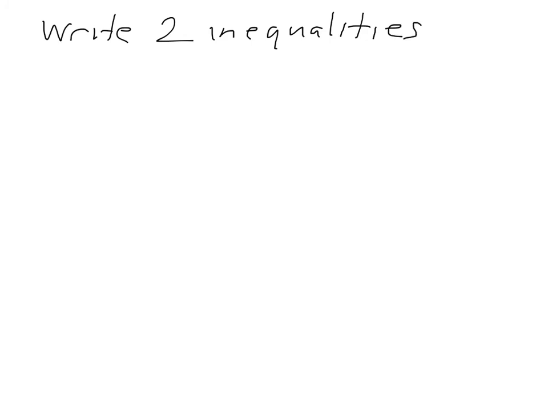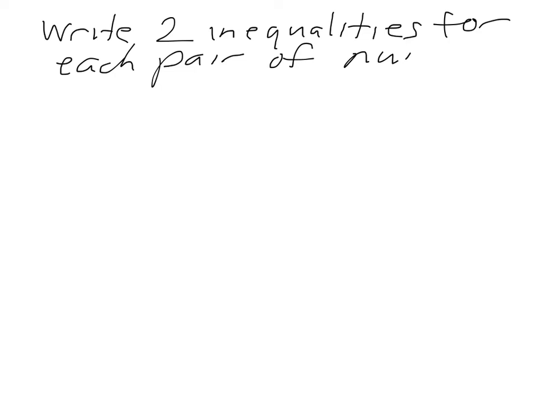But I'm going to give you a bunch of problems that I want you to try, and then we'll see how you do. So, the first set of problems I want you to try is I want you to write 2 inequalities. And when I say 2 inequalities, what I mean by that is using greater than or less than, but for each pair of numbers.